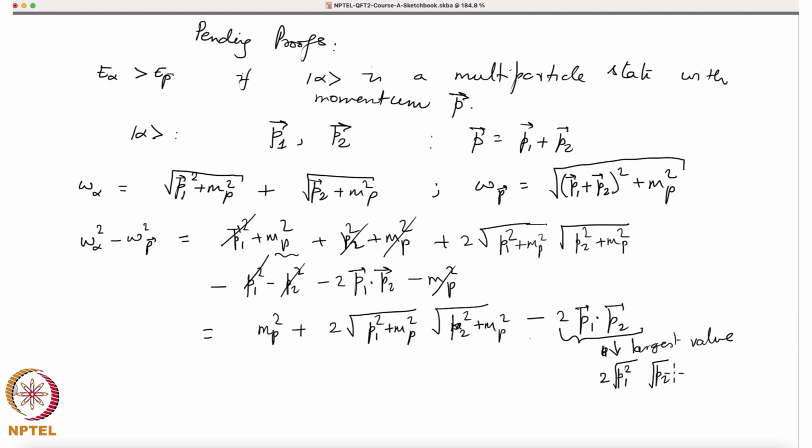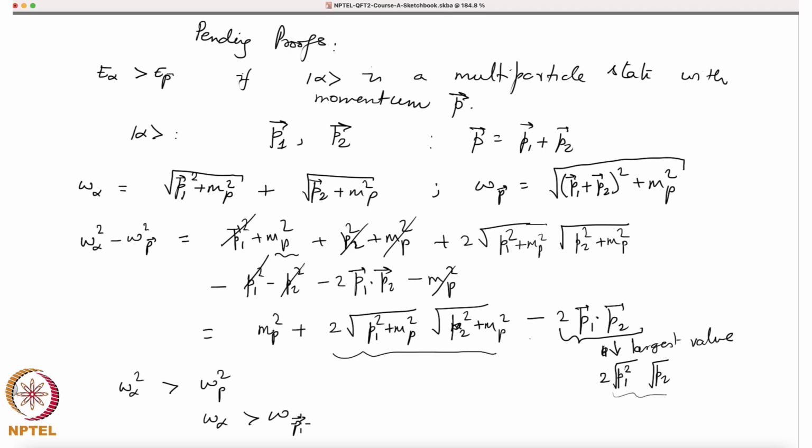This is the maximum you can subtract out of these two terms, and you see even then this term is larger than this because you have this m_p squared added, which means that omega alpha squared is greater than omega p squared, because the right hand side is positive. And since both omega alpha and omega p are positive, we conclude that omega alpha is greater than omega p for two particle states.